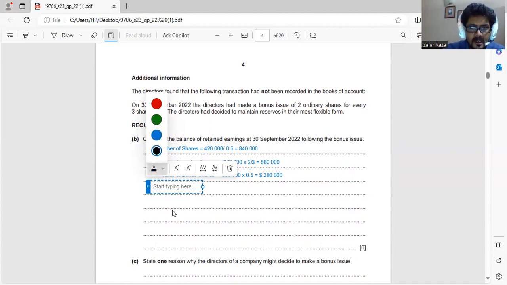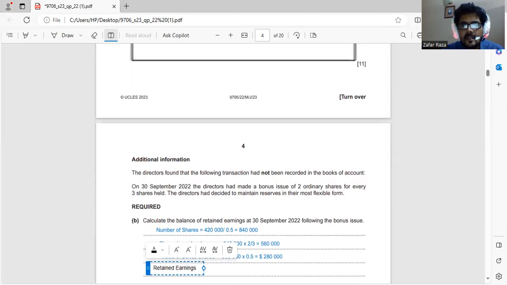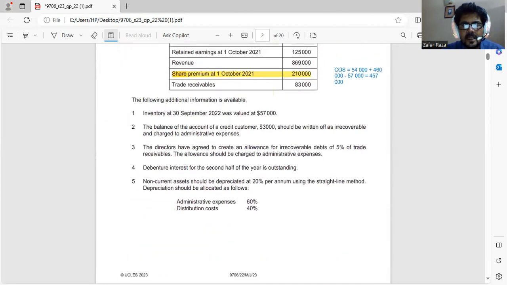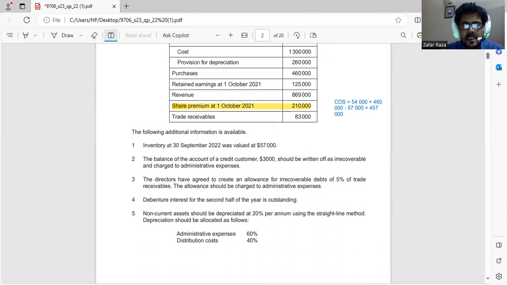Retained earnings at the start of the year. How much is retained earnings at the start of the year? $125,000, on 1st October 2021.